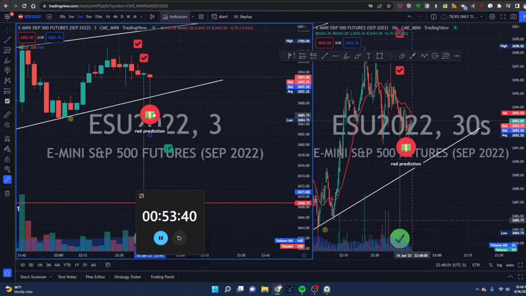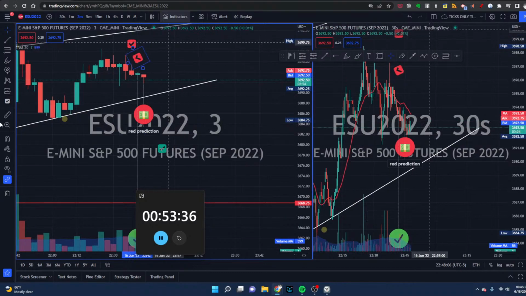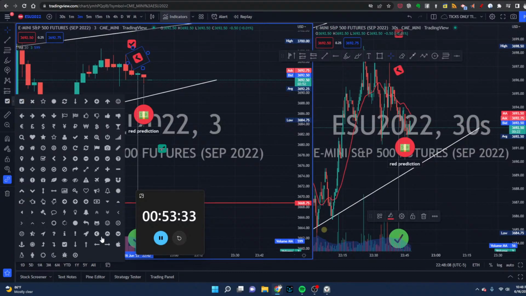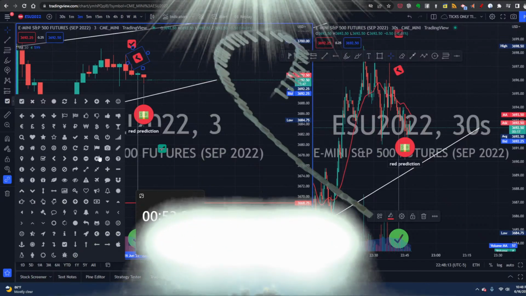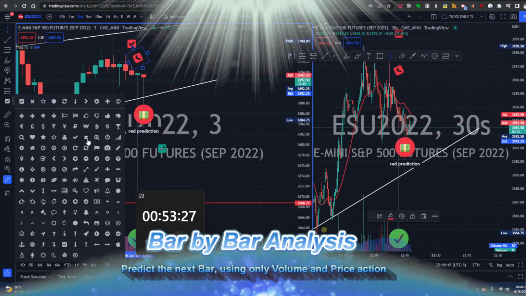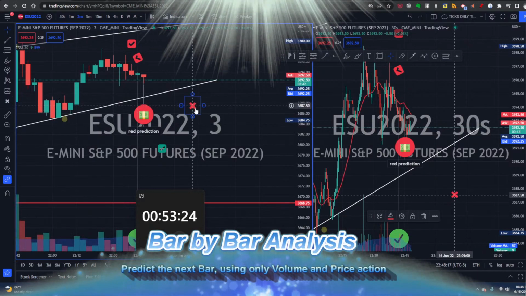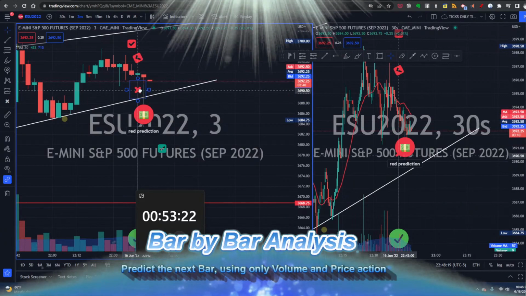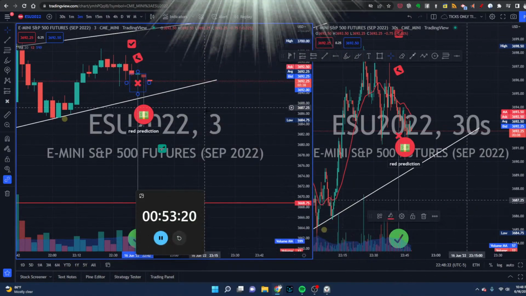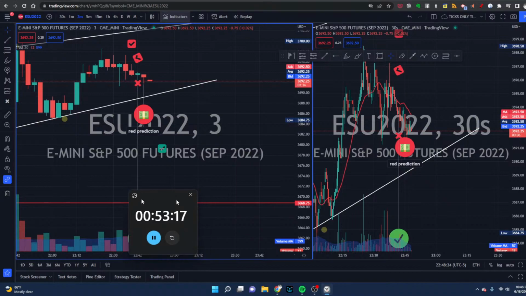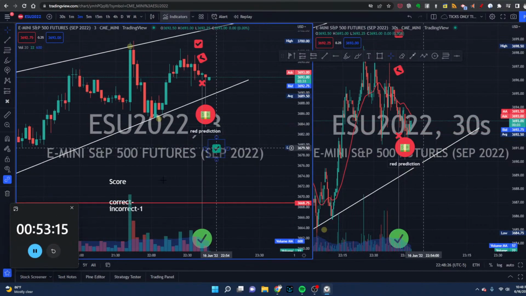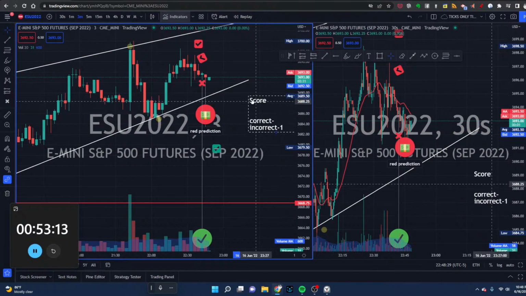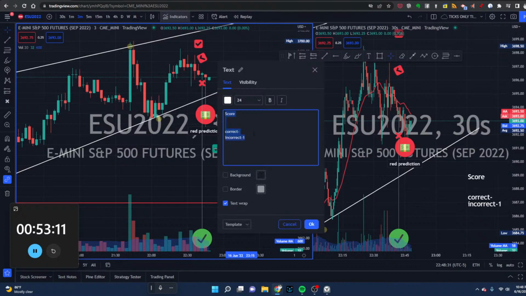We'll get a system together for this. Right now we'll just use the, I don't want to have two check marks. We're going to use an X. Okay, so we did win this candle here. One and one so far.